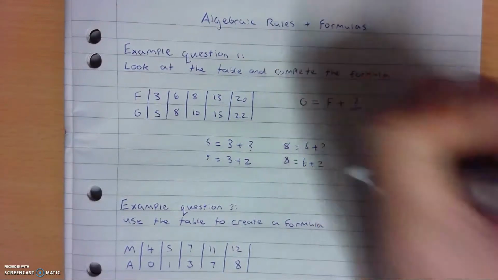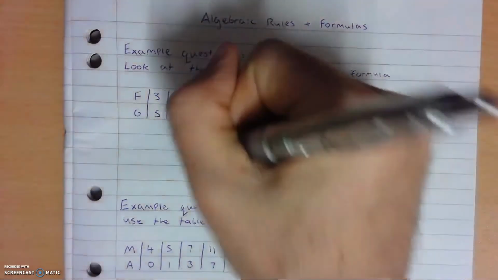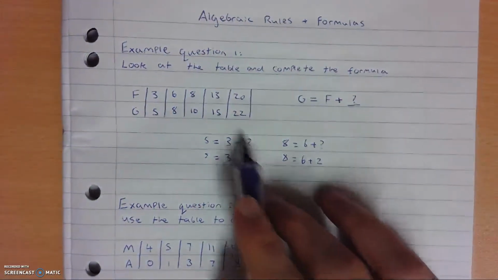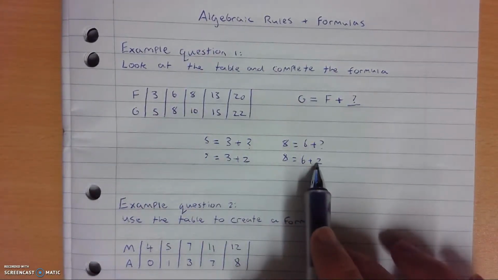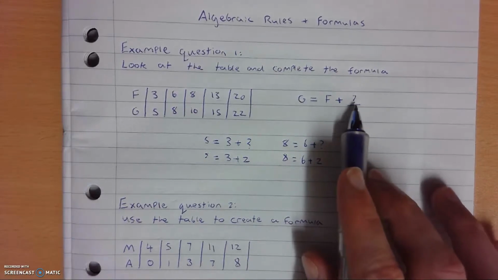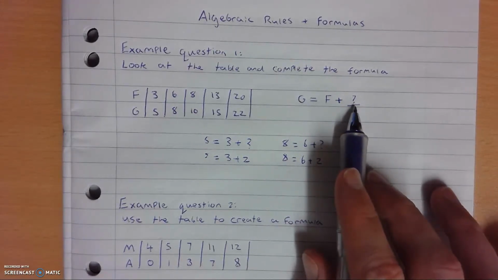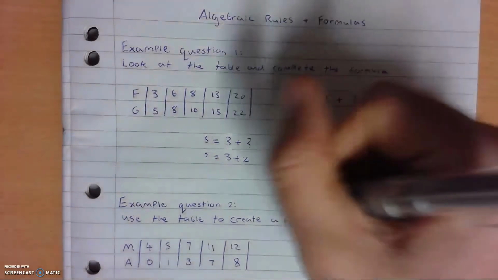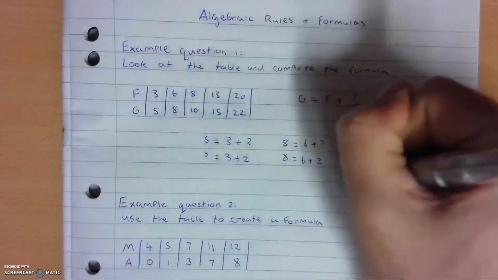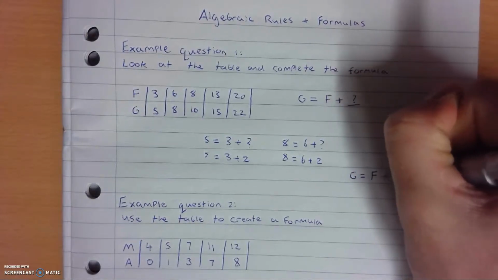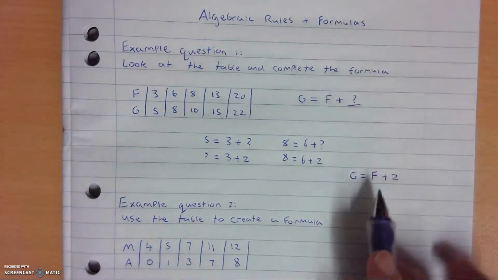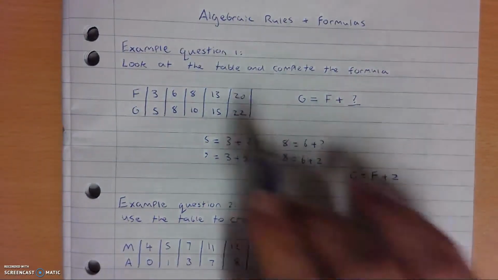I've done the first two, and I can see a trend already that plus 2 would be my missing value. So I can write that out: therefore, G equals F plus 2. Now I've completed my formula with this table.